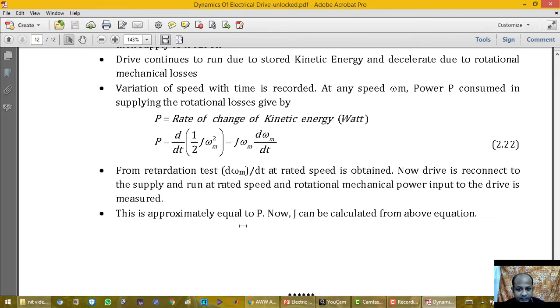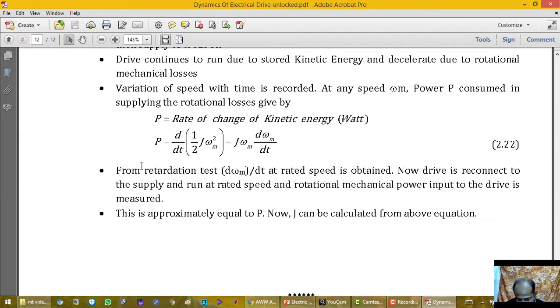Here we have made one assumption, that the mechanical power input to the drive is equivalent to the rotational losses. But one thing we should keep in mind is that this is not exactly the case.